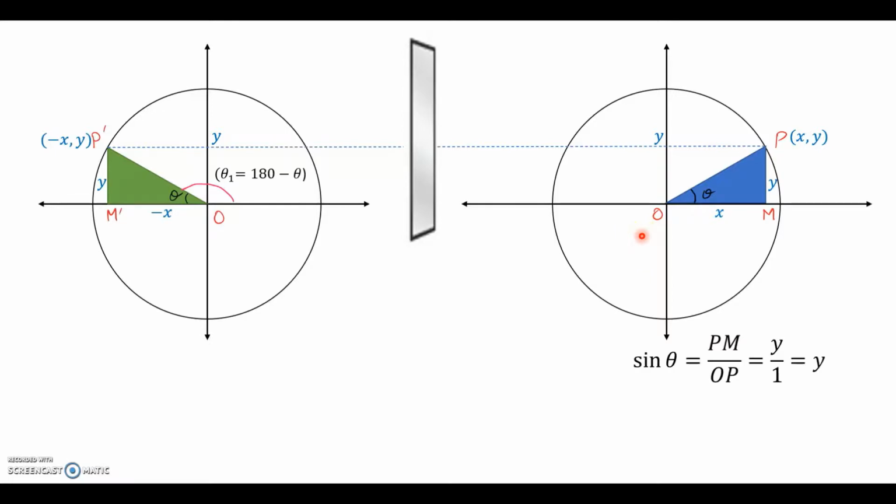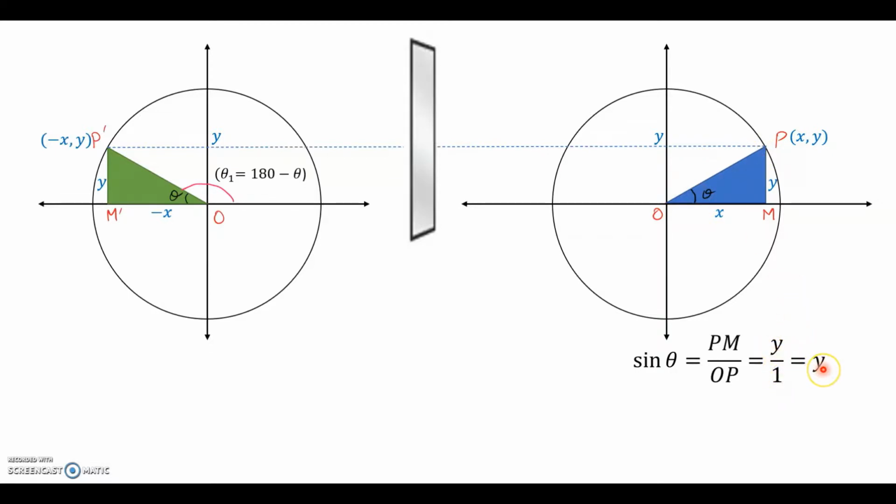Great. Let's now try and find the trigonometric ratios for this triangle, the original triangle. So sine theta is equal to the opposite side, which is y, over the hypotenuse. We are going to consider the hypotenuse, which is the radius of the circle, to be 1. Okay, so it's y over 1.